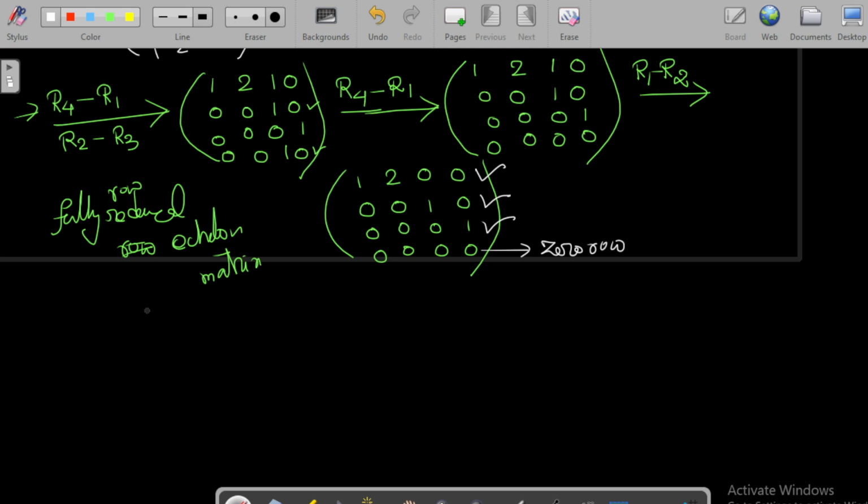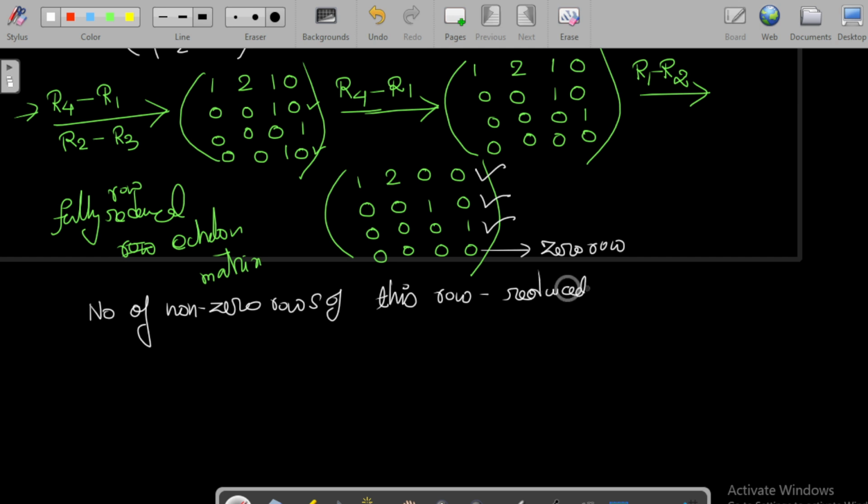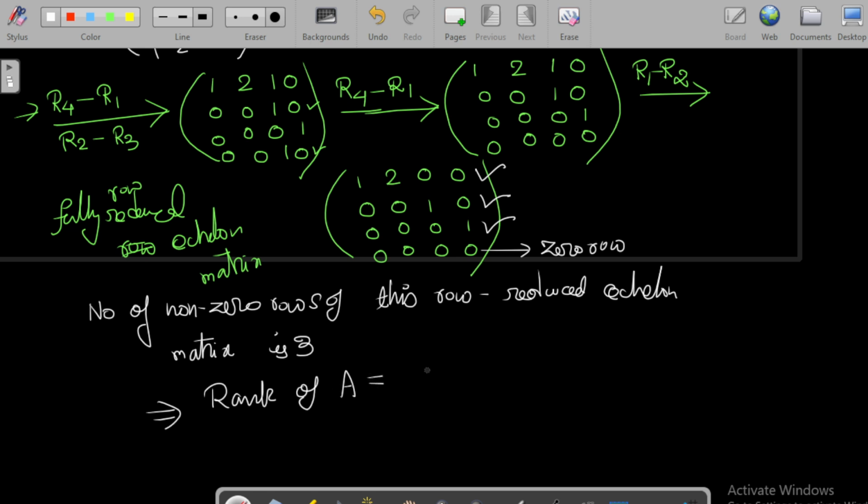So the number of non-zero rows of this row reduced echelon matrix is 3. This tells us that the rank of matrix A is equal to 3.